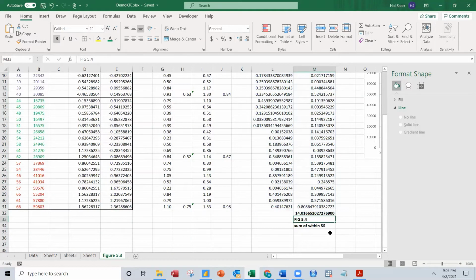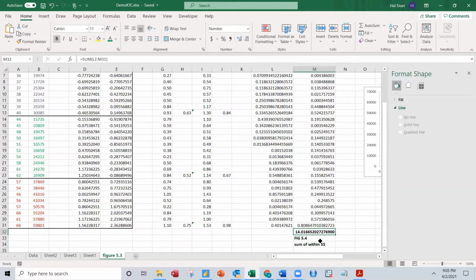No other grouping will get you a within sum of squares that is smaller than that. That's how this algorithm works. And it's kind of how regression works. And notice that this value 14 is the height of that circle on the solid graph in figure 5.4. Y'all see that?